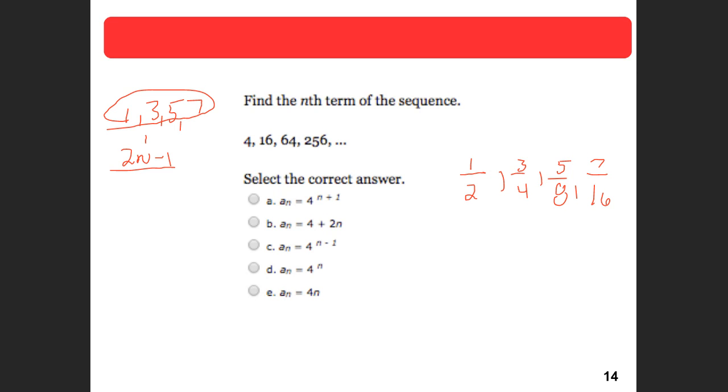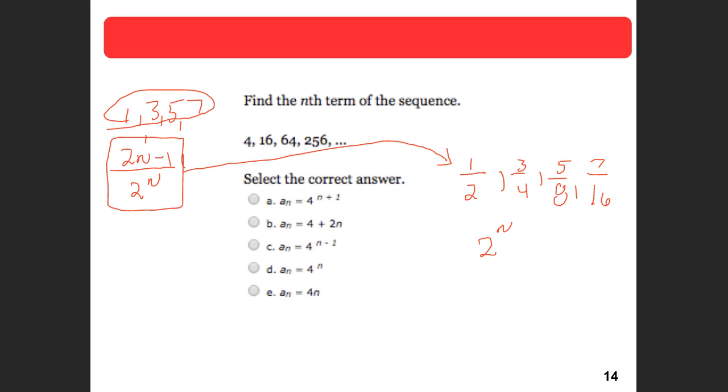And then I look at the bottom. 2, 4, 8, 16. It looks like it's being multiplied by 2, so it looks like 2 to the n. So this would be the nth term for this. I look at the top and come up with an equation for the top numbers, and then I look at the bottom. Sometimes you can't do that, but most of the times when it's a fraction, you can just do the tops and the bottoms.